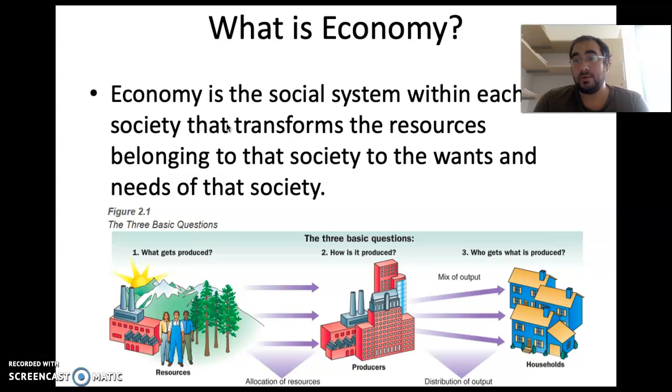And then we will go into a little bit more detail on how economy is studied and what the difference is between economy and economics, by the way, and also different approaches to economy and different fields of the economy also.